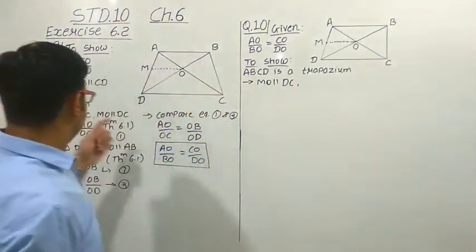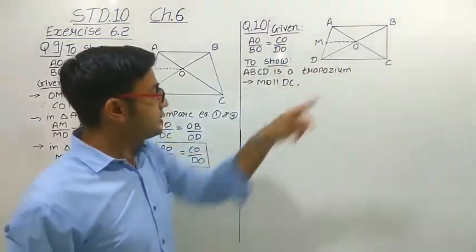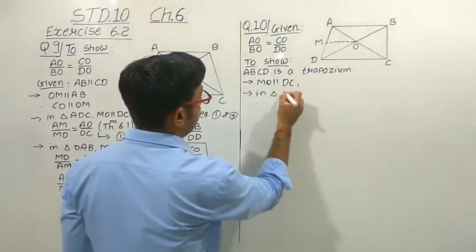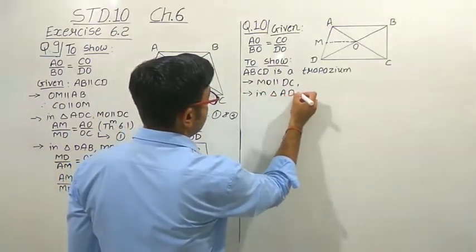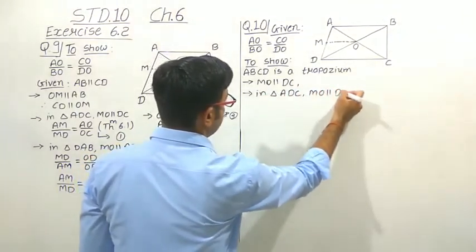Now in the same way, like here we considered triangle ADC, here also we can consider triangle ADC, where MO is parallel to BC.